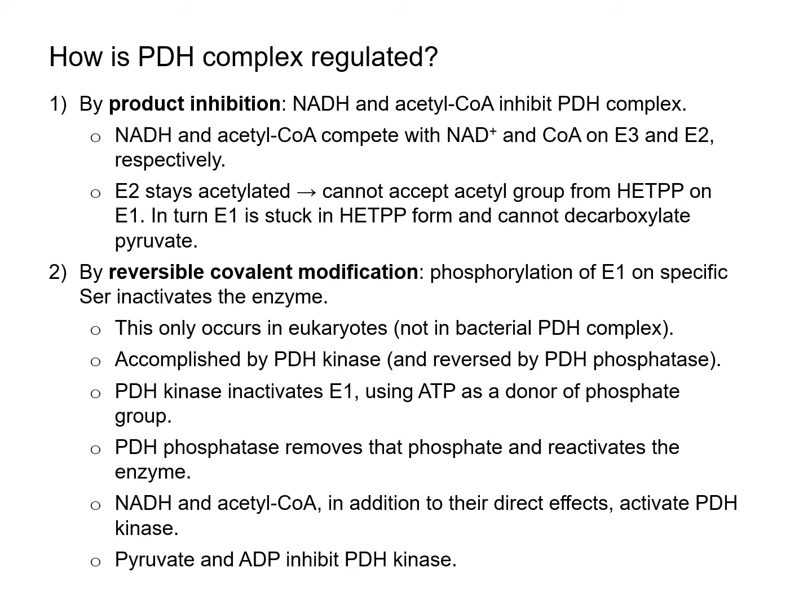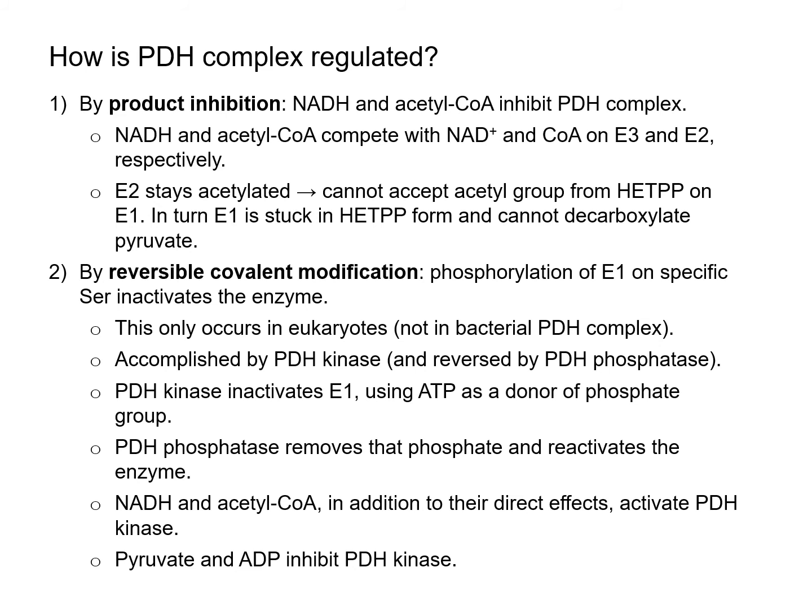The PDH complex is regulated largely by two different mechanisms. The first one is product inhibition. So NADH and acetyl-CoA, which are the products of this PDH complex reaction, inhibit the PDH complex activity.